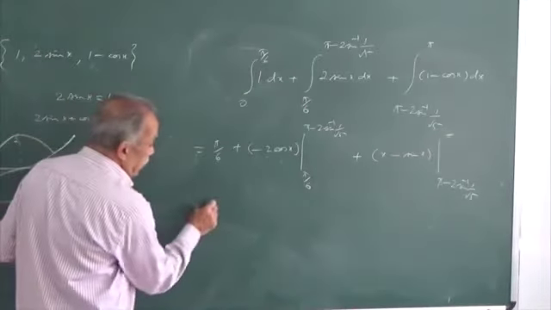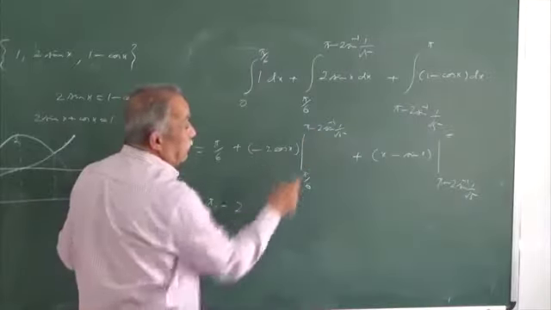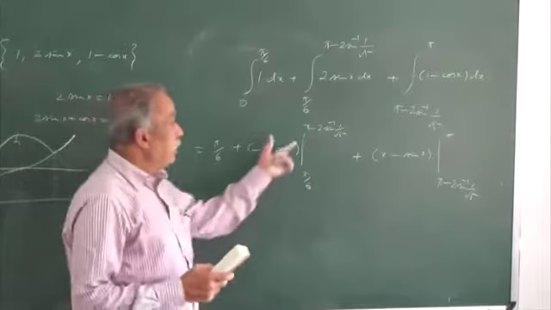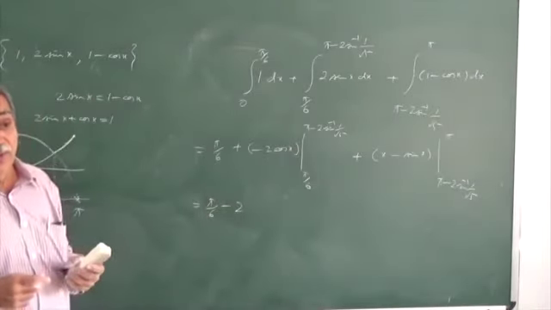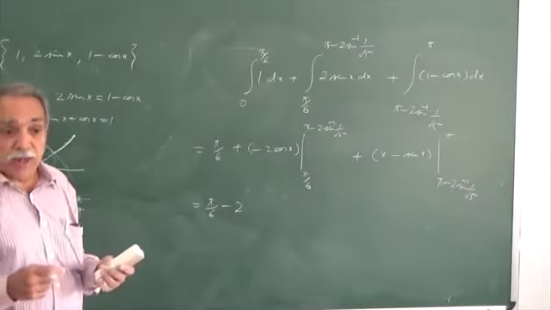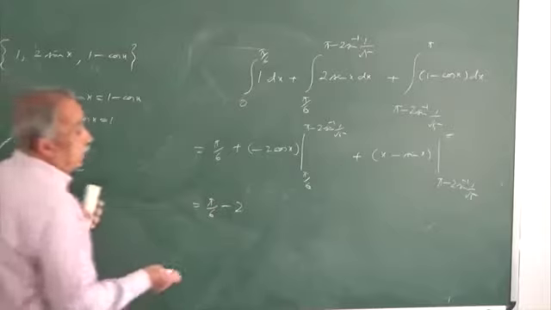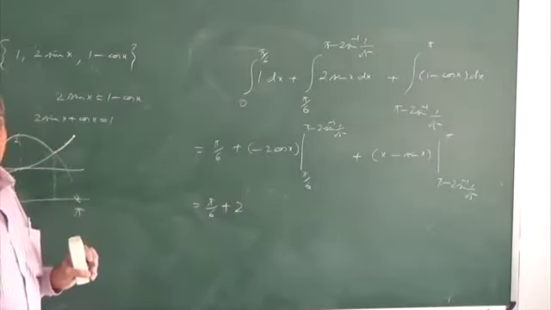This is pi by 6 minus 2 into, what is cos at the upper limit? Cos of pi minus 2 sin inverse 1 by root 5. Cos of pi minus theta is minus cos theta. It will be minus cos of 2 sin inverse 1 by root 5.